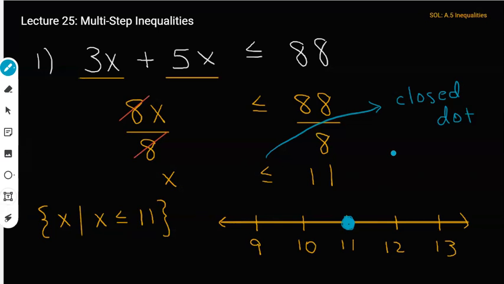And then what I'm going to do is I'm either going to shade to the left or I'm going to shade to the right. Which one are we going to do? Yep. Because it's pointing to the left.